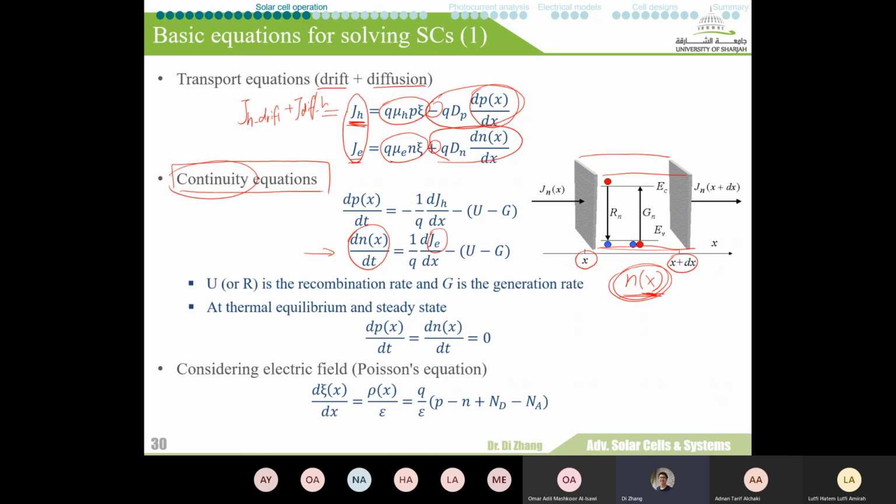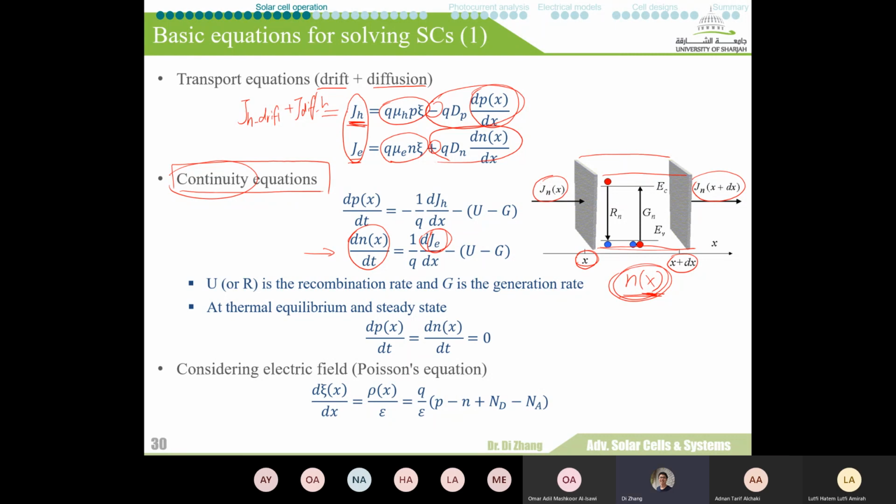If you have a larger electron current going in, then the number of electrons in this volume will have to increase over time. So we are taking the current here, and comparing the current at x and the current at x plus dx. We want to see the difference between the two current densities, because the difference will be precisely the number of additional electrons that is remaining or coming out from this small volume. Is this okay, guys?